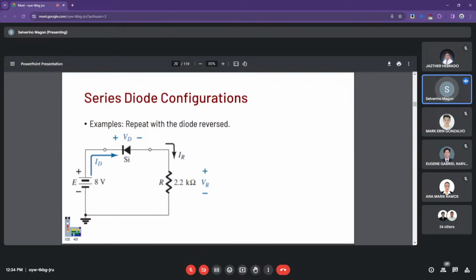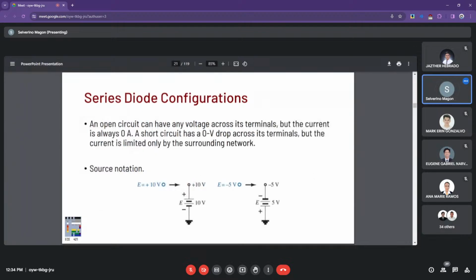So the VD is actually 8 volts, but again, you have zero current. So this will not be a functional circuit.